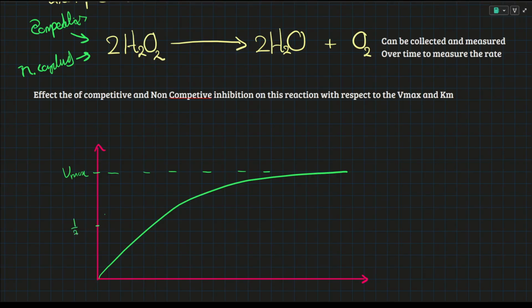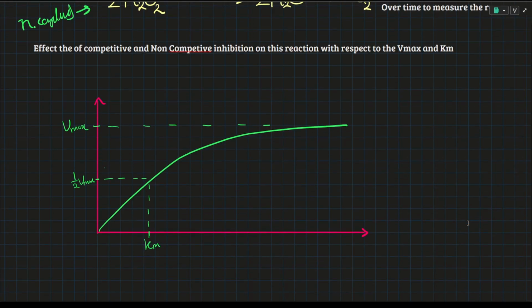That's my half Vmax for my normal reaction. I'll be color coding all of these things. Green would be everything for my normal reaction, and therefore my Km is going to be somewhere over here. Same axis labels: substrate concentration, and rate of reaction, or speed of reaction, velocity of reaction, same deal.